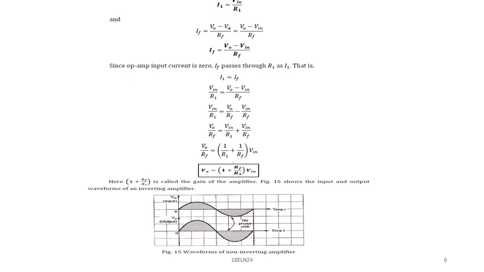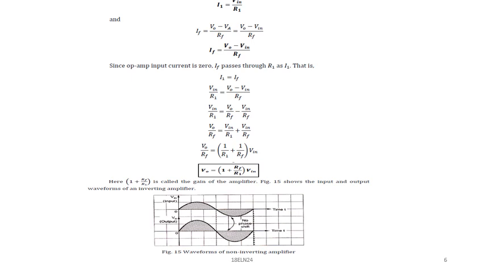From the exam point of view, they will ask about inverting amplifier or non-inverting amplifier, and they will give a problem to find the output voltage or find the gain of an inverting amplifier or non-inverting amplifier with the following specification, like R1 and RF, and you have to find out V0 and the gain. And in some of the problems they ask to design an inverting amplifier and non-inverting amplifier.